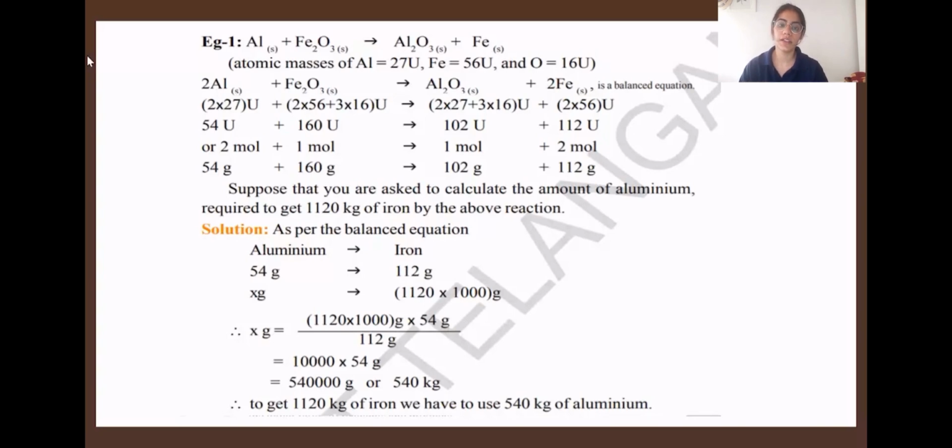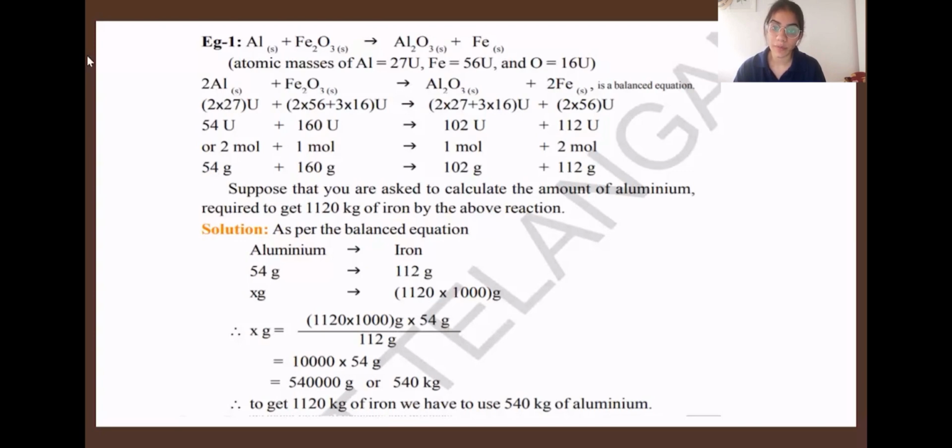So the given equation to us is aluminium Al plus Fe2O3, that is ferric oxide, which reacts in the presence of some catalyst, and it gives us Al2O3, that is aluminium oxide, plus iron. The atomic mass of aluminium is 27 unified mass.